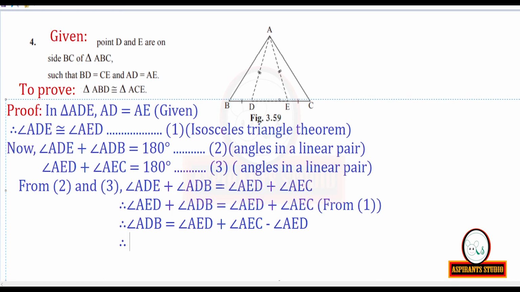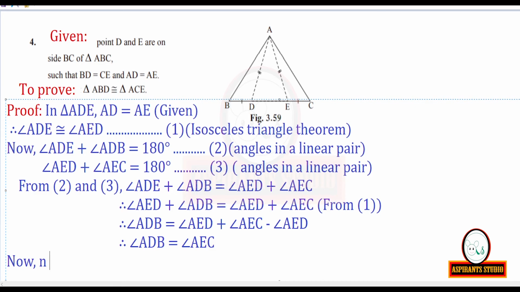So angle AED minus angle AED will be 0 and angle AEC alone will remain. So measure of angle ADB is equal to measure of angle AEC. So now we have angle ADB is equal to angle AEC.